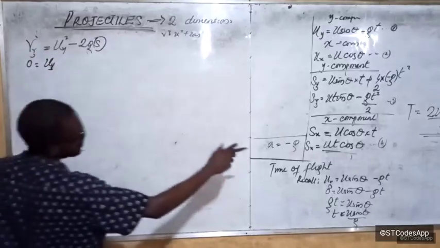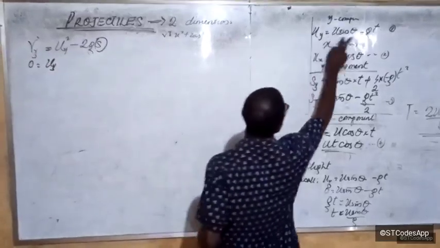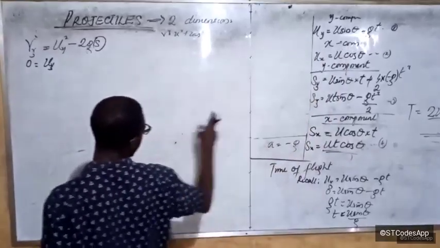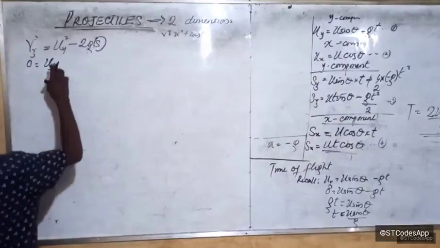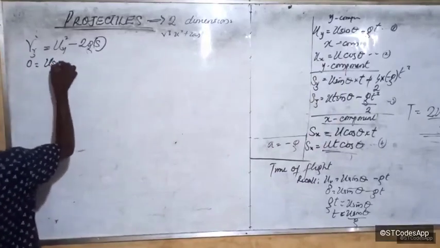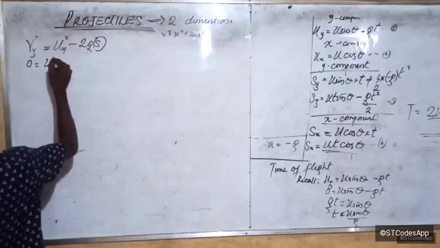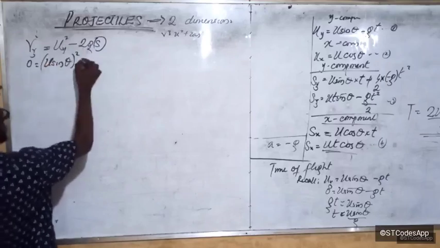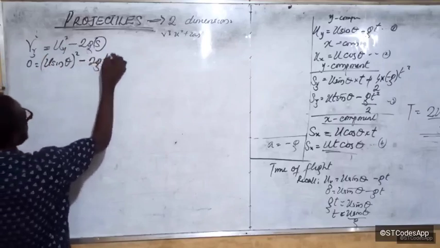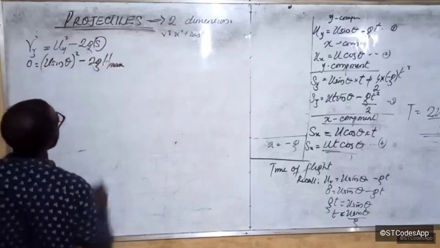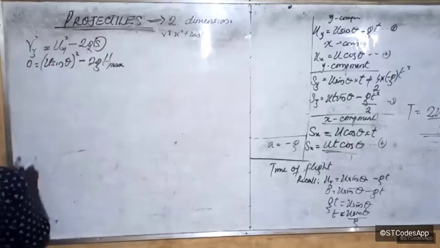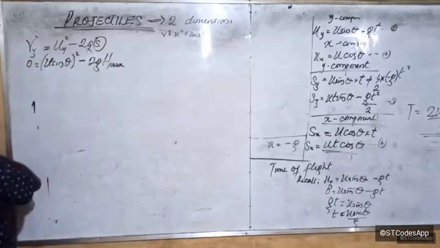Remember that u sub y is u sine theta, so we write (u sine theta) all squared, minus 2g H max. That's our maximum height. So we can bring this to this side so that we have 2g H max.